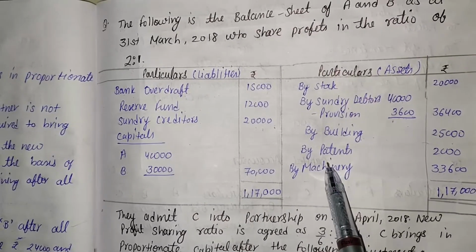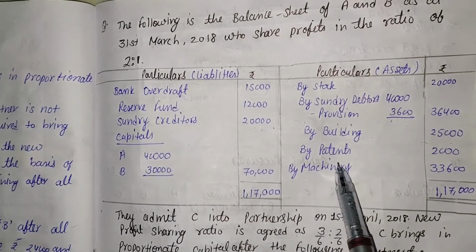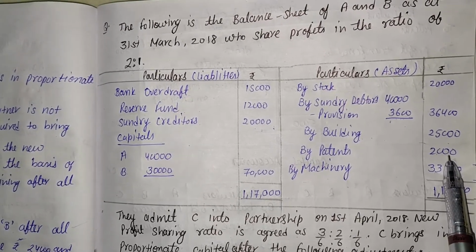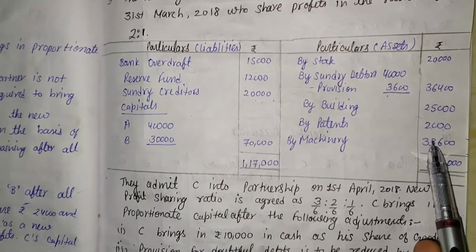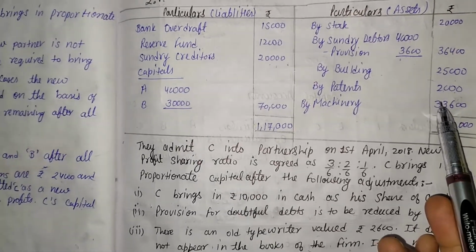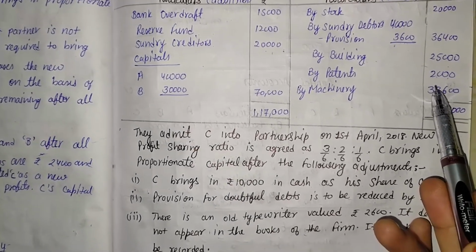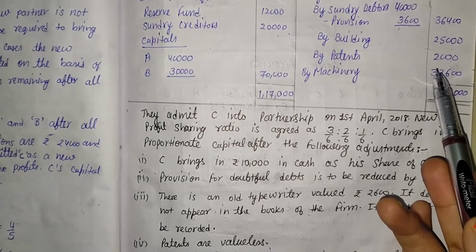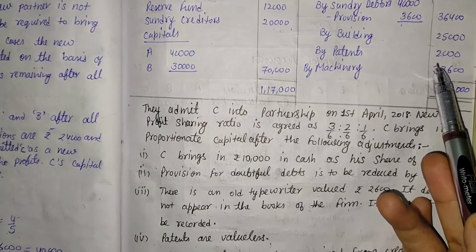Now patents. Patents are rupees 2,000, but in the additional information it is given that patents are valueless, which means the value of patents is 0. So it will not be mentioned in the new balance sheet.